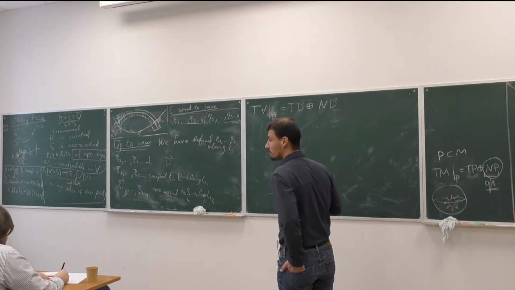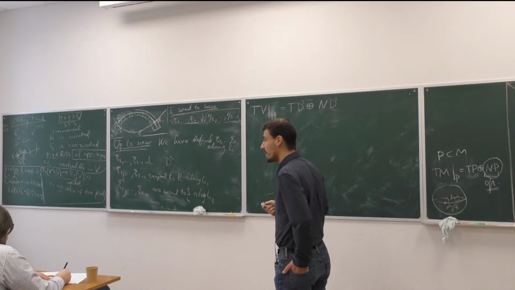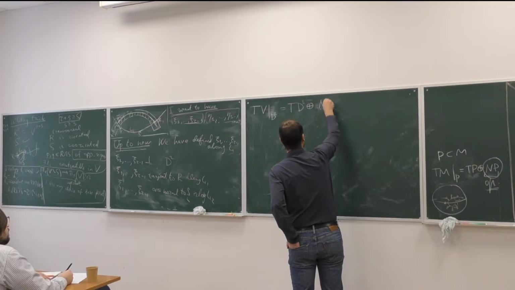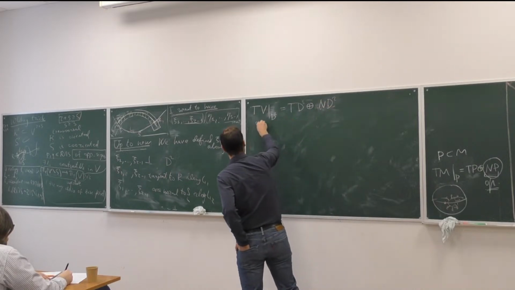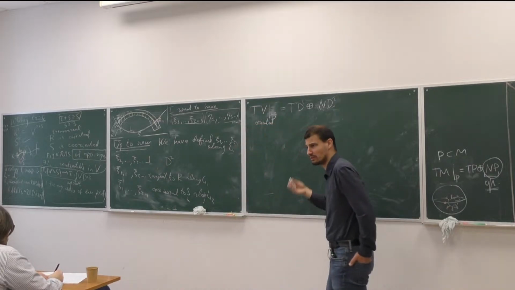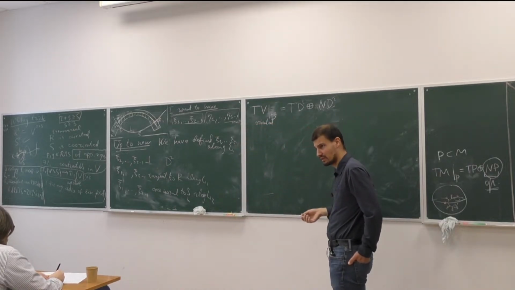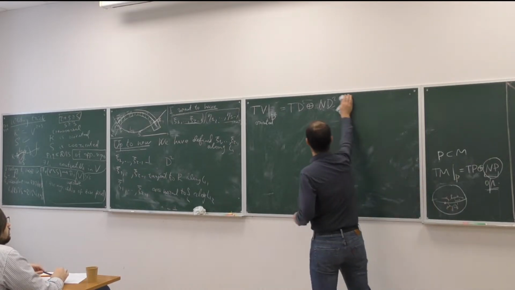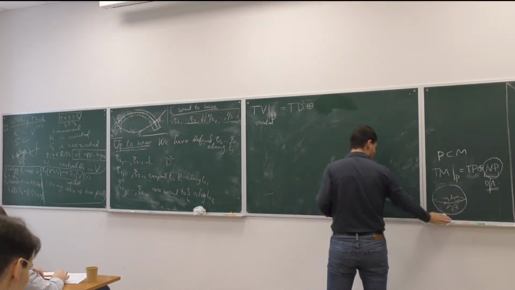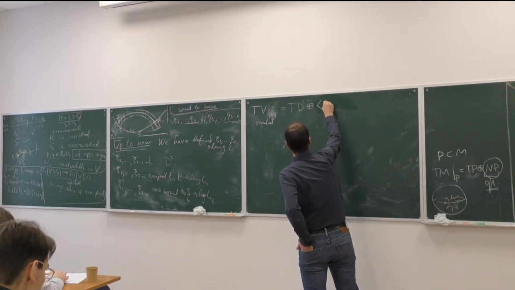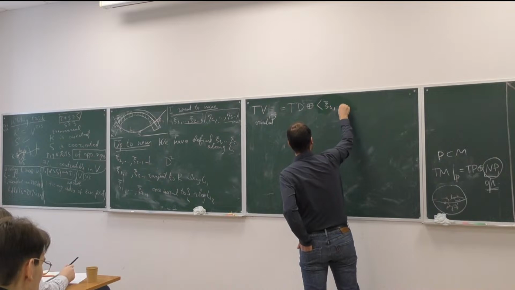Inside this normal bundle T2, we have already chosen, and what do we know? We know that this is oriented. Everything over this is oriented.